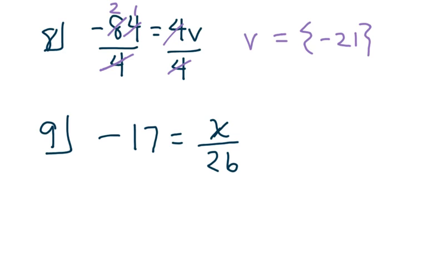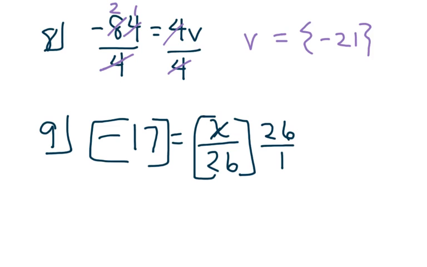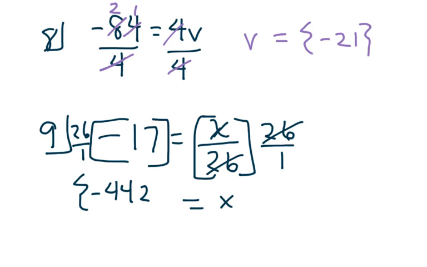And basically, you're multiplying both sides by 26 over 1. Multiply both sides by 26 over 1. This cancels, and x times 1 is x. And 26 times -17 is -442.